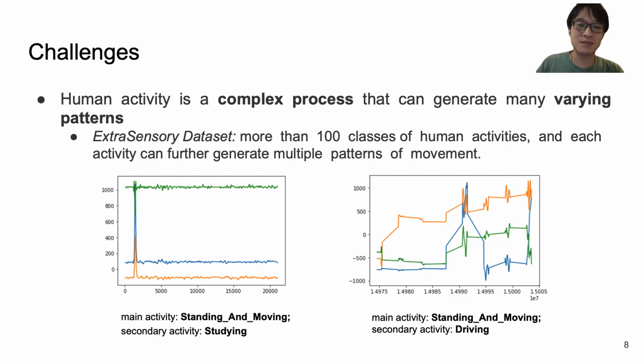Although they have the same main activity, standing and moving, the patterns of these figures are very different because they have different secondary or concurrent activities. So the existing algorithms cannot tell this difference and cannot detect the change point very smoothly in this human activity data.